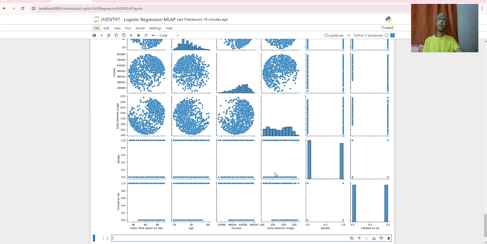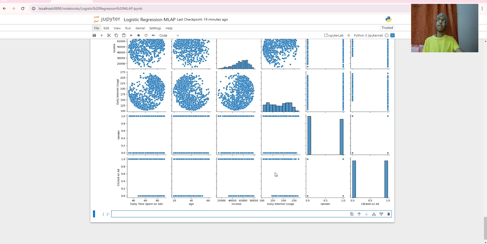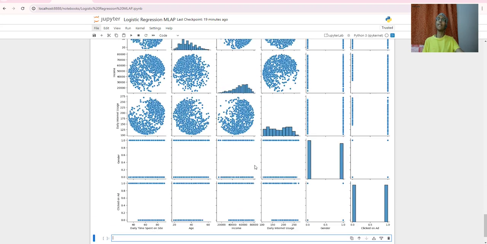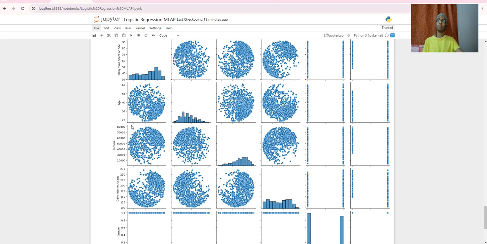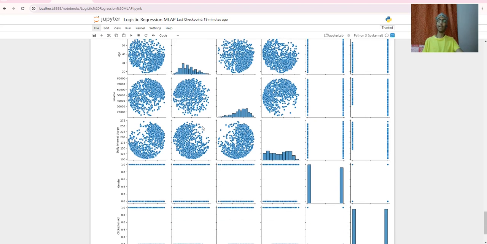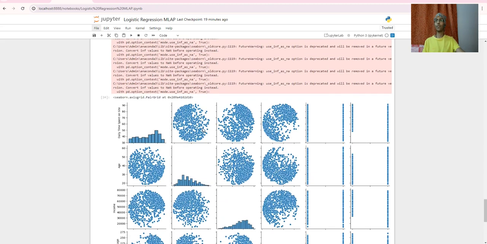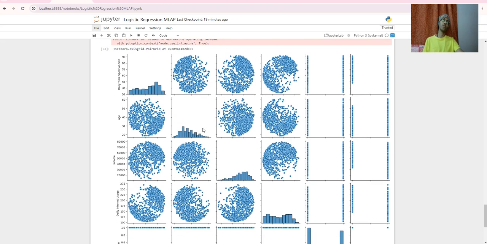So friends, you can see there is some relation between age and daily internet usage. There is some relation between age and time spent on the internet, age and income. Like this, we can observe a few relations, a little bit of lopsidedness in terms of data densities.